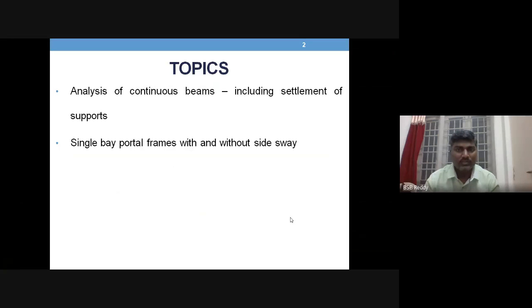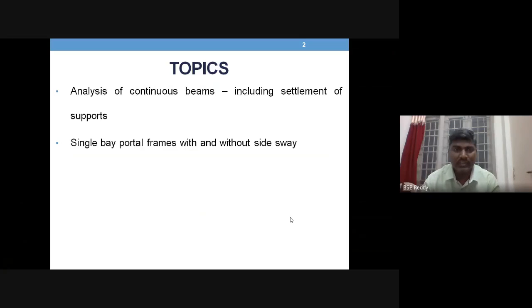The complete Unit 5 of your syllabus consists of analysis of continuous beams, including settlement of supports. You have many varieties in this. The analysis of continuous beams with fixed ends is one case. Another is hinge end, or continuous beams can have an overhanging portion.